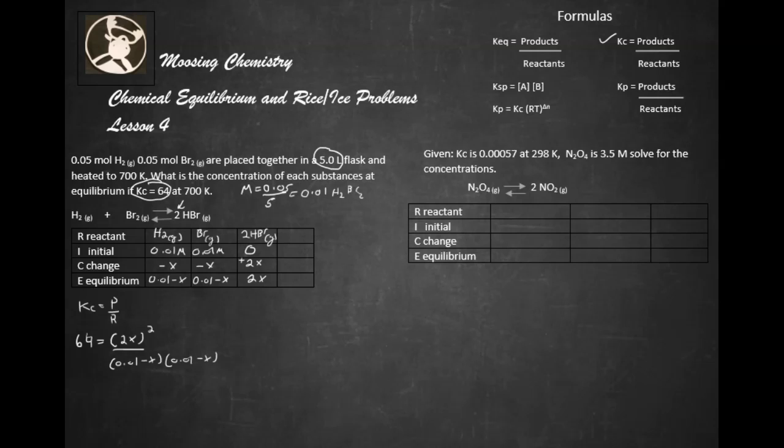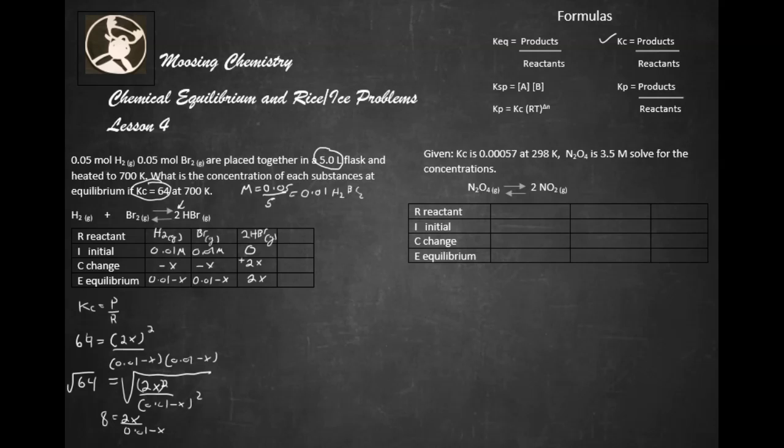You notice that that's also a square, so we can actually square root both sides. We take the square root of 64 and the square root of 2x squared over 0.01 minus x squared. That's going to give me, of course, 8 equals 2x over 0.01 minus x.